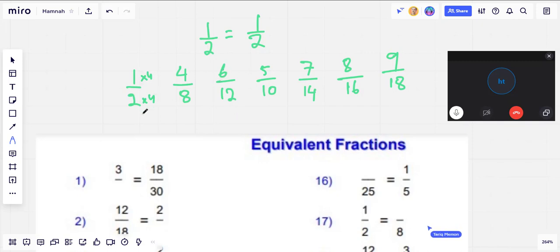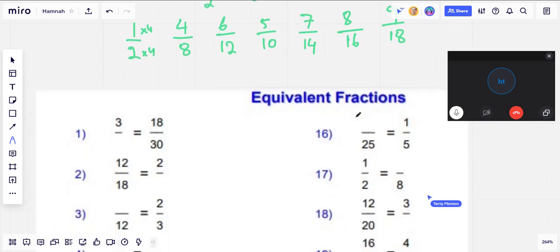Multiply the numerator and denominator both by 5, you're gonna get 5 tenths. And then multiply by 7, you'll get 7 fourteenths. Multiply by 8, you will get 8 sixteenths. Multiply by 9 and you'll get 9 eighteenths. That's how you get equivalent fractions.